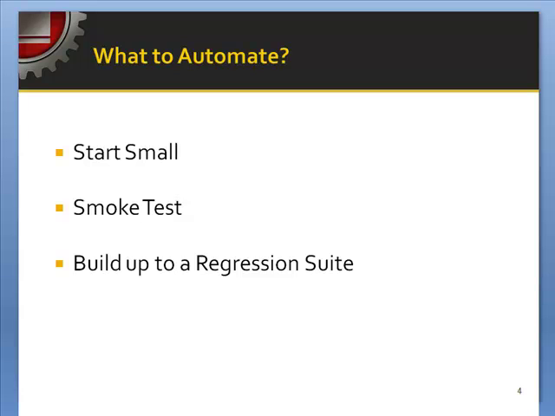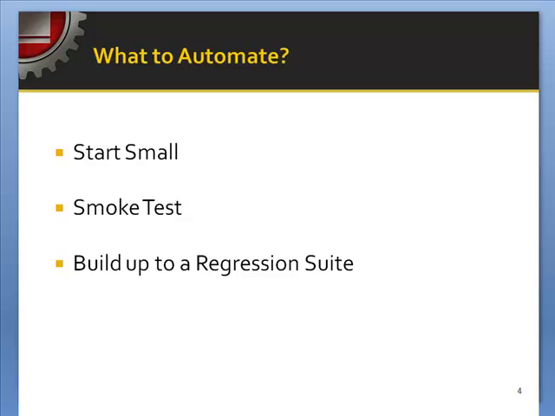By starting small, you just take a small subset of the tests that you normally would run in a regression. Those are called a smoke test. And for those of you that aren't familiar with smoke tests, it's simply a set of 10 to 20 test cases that you're going to run on every release that you do. And by starting with automating those test cases, you can remove a lot of the complexity, yet get a lot of value out of your automation.